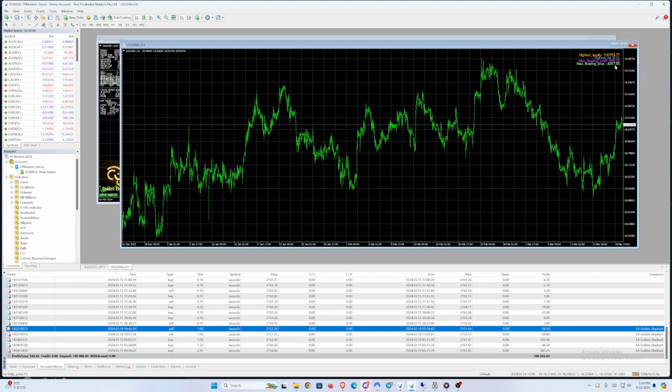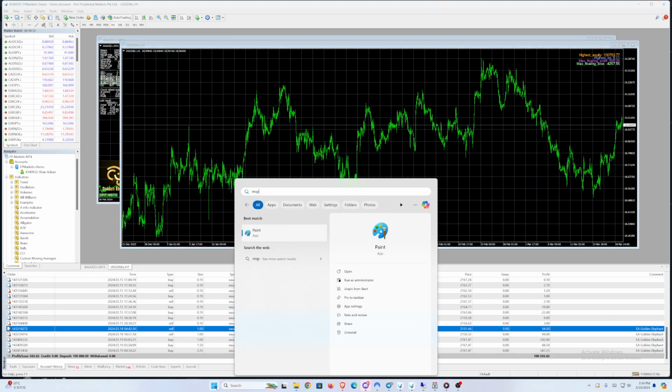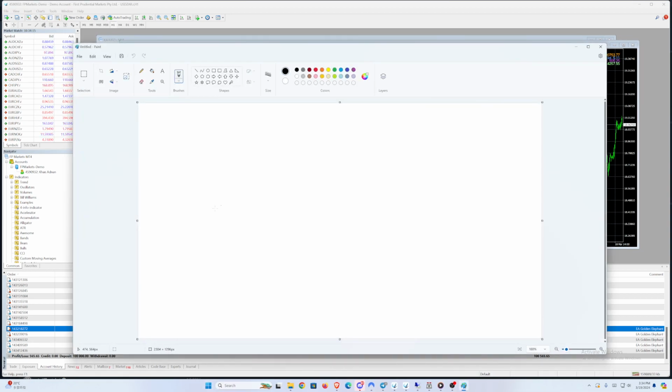So how I use this maximum floating loss is that, for example, for some EA, price will go like this, and then it will suddenly do a big loss like this. What's the main thing about this is that price will be floating in here, up and down, up and down, and it will be doing a big loss.